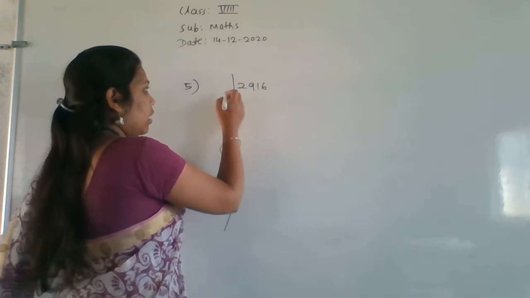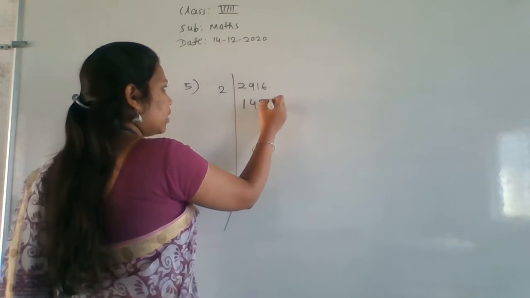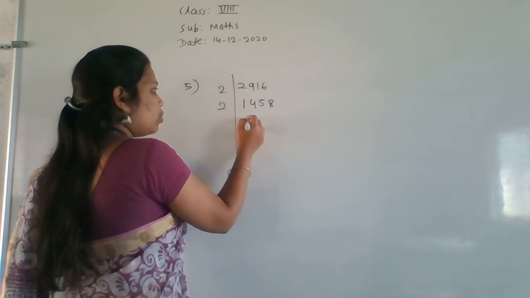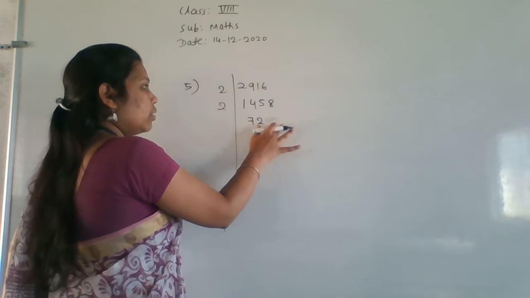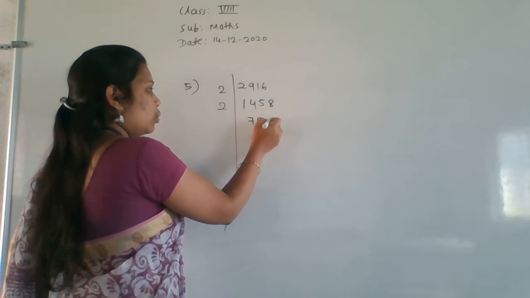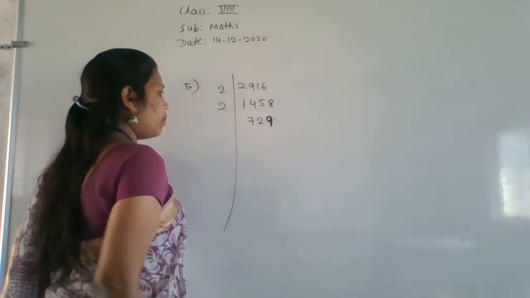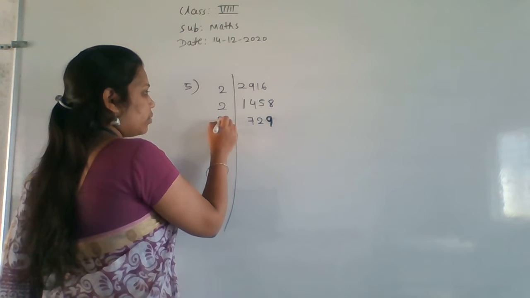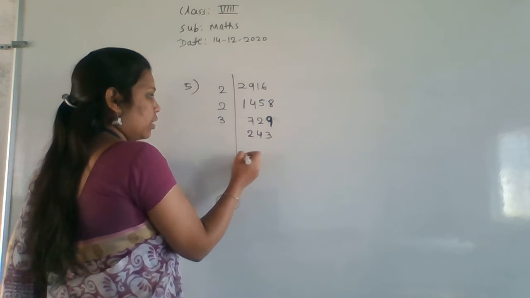Here first I am taking a 2. 2 1s are 2, 2 4s are 8, 2 5s are 10, 2 8s are 16. Next 2 7s are 14, 2 2s are 4, and 1 left, right? So 2 9s are 18. Next 729. Take 3: 3 2s are 6, 1 left, 3 4s are 12 and 3 3s are 9.